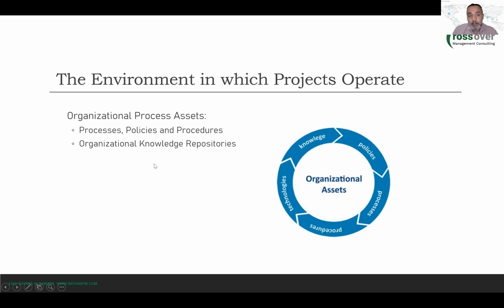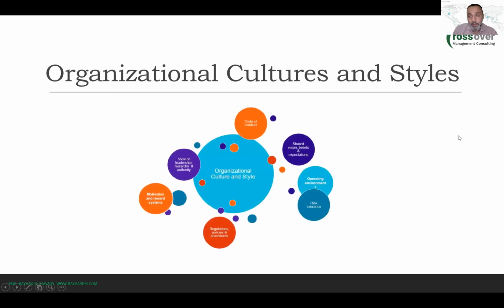So you need to take that into consideration, especially when you are planning for any new project, you need to take into consideration the enterprise environmental factors and the organizational process assets.